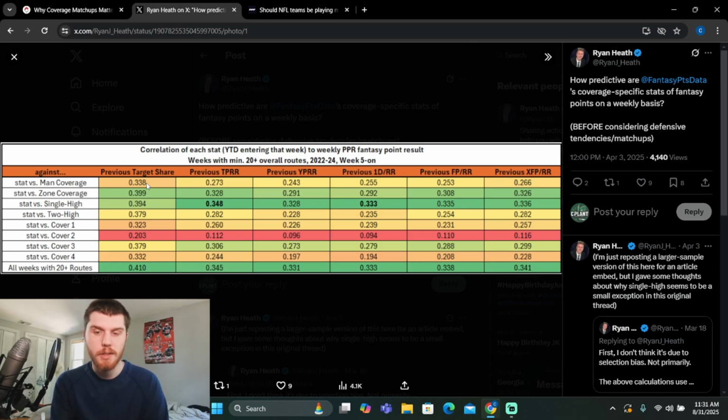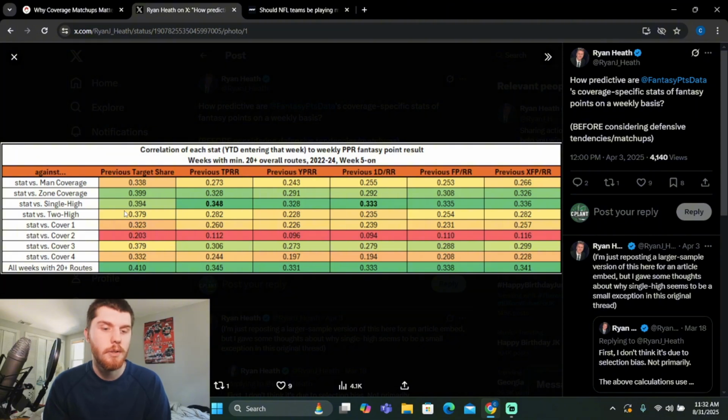And then he's just slicing and dicing it like that, and seeing how it predicts their fantasy points in whatever the following week is. That's how I understood it. I'm pretty sure that's what he's doing. So you have varying degrees of sample size on what a stat is including of their past history.